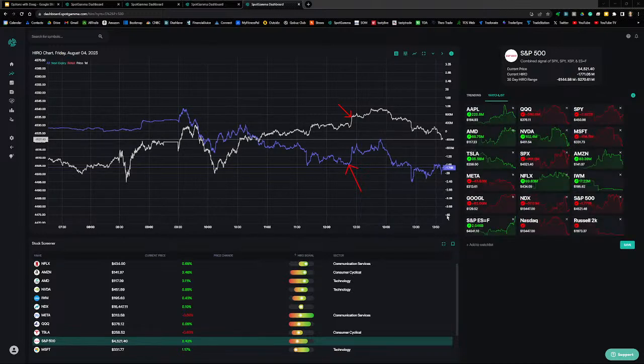This is showing options trades and market maker hedging activity for a combined signal of SPX, SPY, XSP, and ES futures. And if you trade any form of the S&P 500, whether you're trading ES futures, SPY shares, SPY options, SPX options, this is the signal that you want to take a look at for the S&P 500.